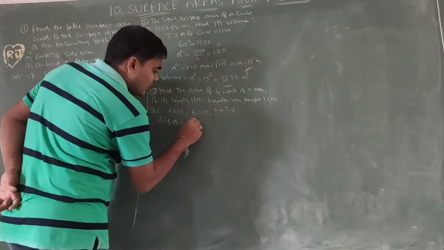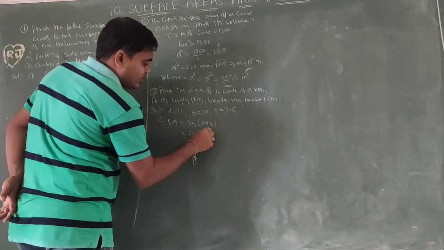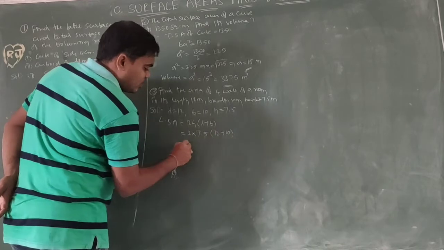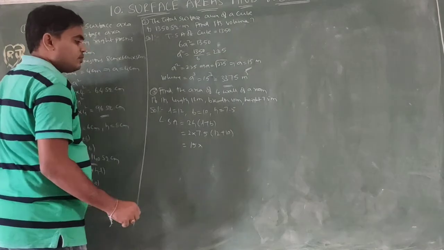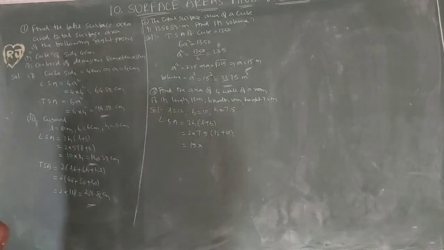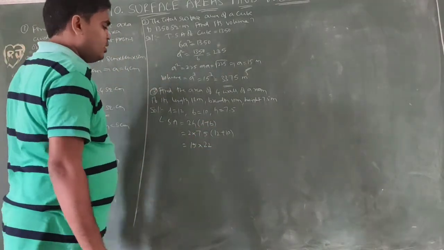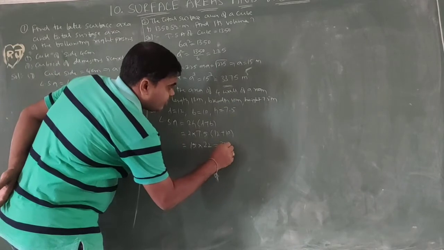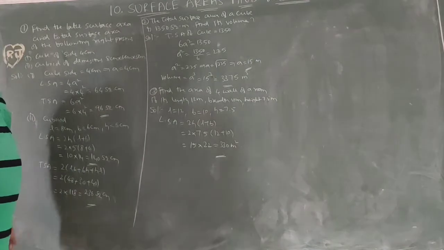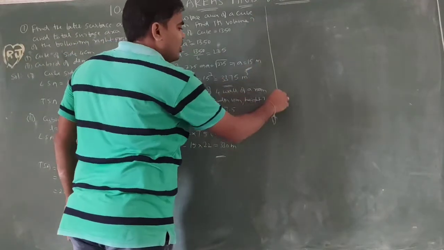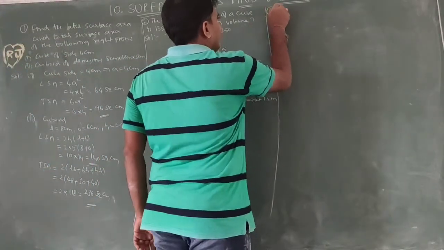So 2H of L plus B, 2 into 7.5 of 12 plus 10. 7.5 into 2, 15, it is nothing but 15 into 12 plus 10, 22. So 15 into 22 equal to 330 meter square. So this is the area of the four walls. Okay. Area of the four walls is always lateral surface area.